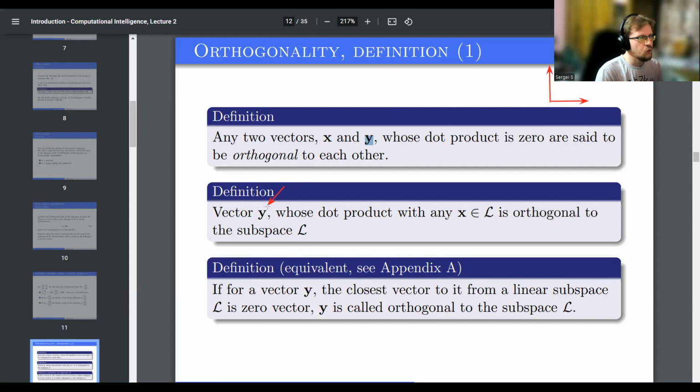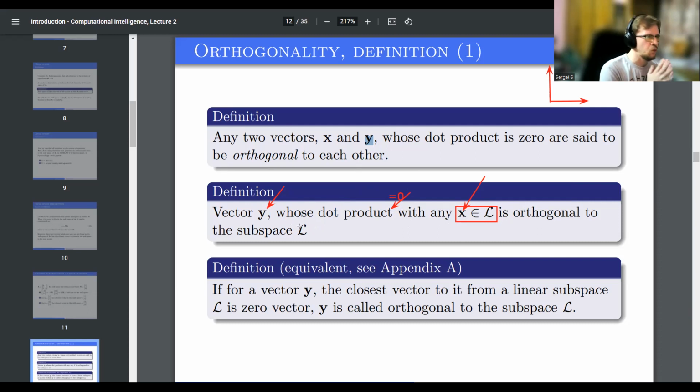Another definition: vector y whose dot product with any x in the linear space L is equal to 0 is said to be orthogonal to the subspace L. Okay.